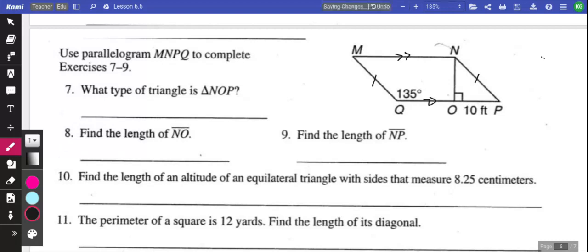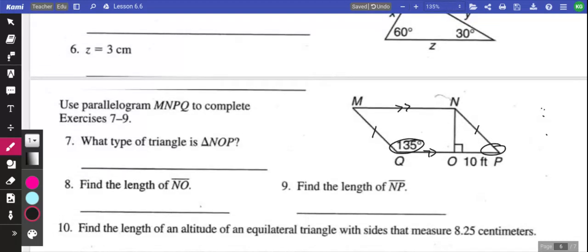And since we know that in our quadrilaterals the consecutive angles add up to 180, I know that angle P is 45 degrees. So if this is 45 degrees and this is 90, this also has to be 45. So I know that these two sides have to be equal. So that makes this an isosceles, or a 45, 45, 90.